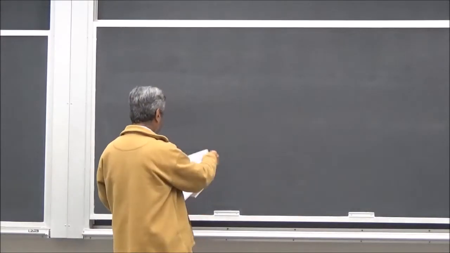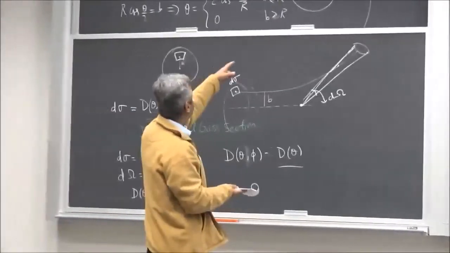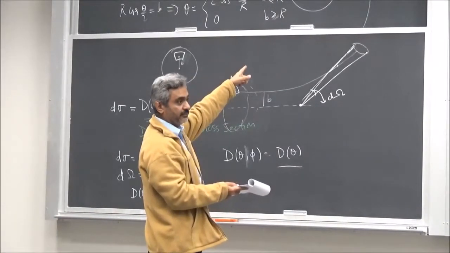Okay, so if you go back to this example, can we calculate dσ/dθ? Again, you can see here that the target is azimuthally symmetric.